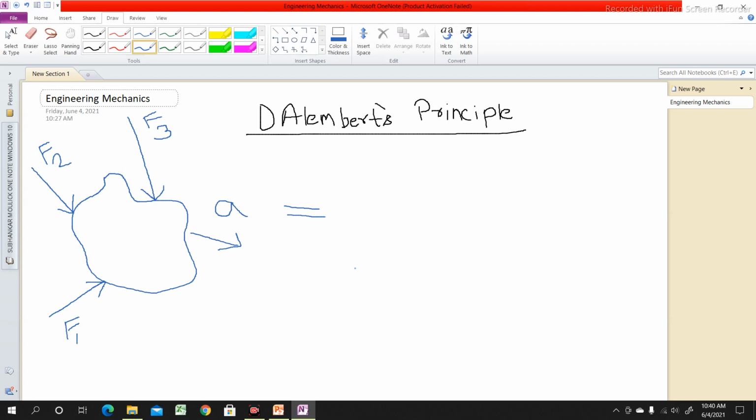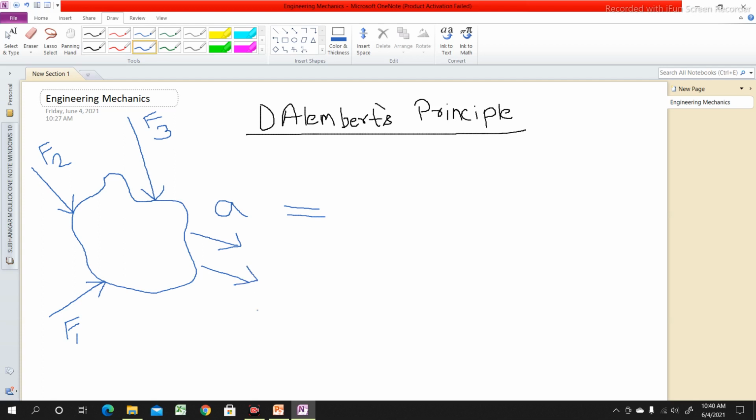That means now due to the external forces F1, F2 and F3, the body will move in a certain direction. Say that body is moving in this direction with acceleration a.